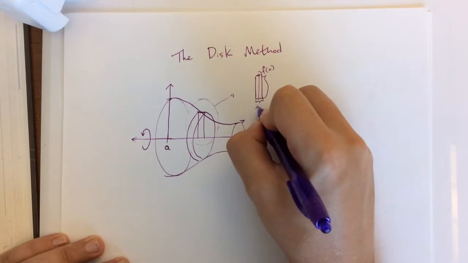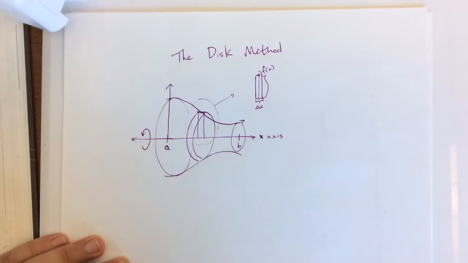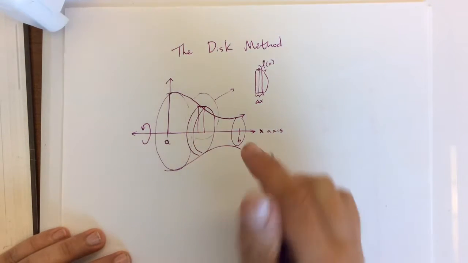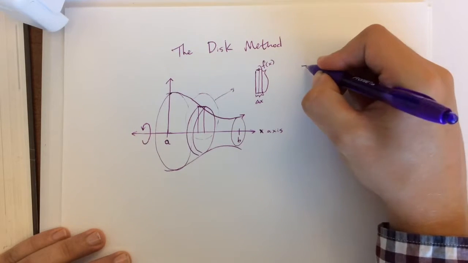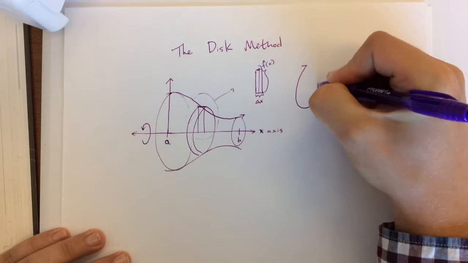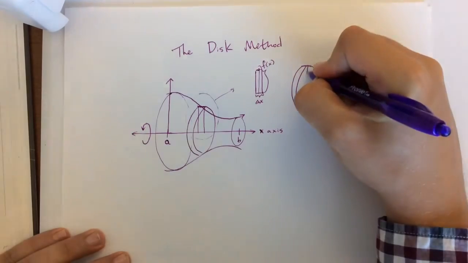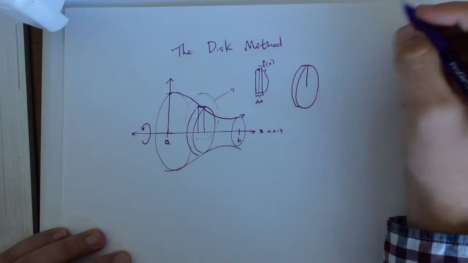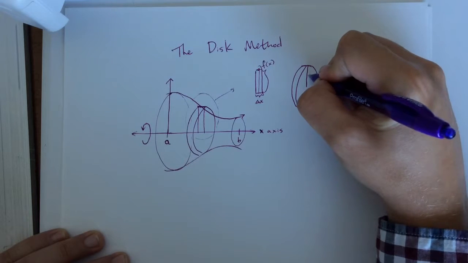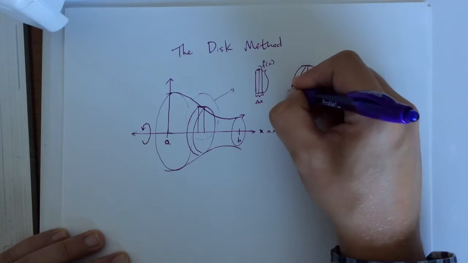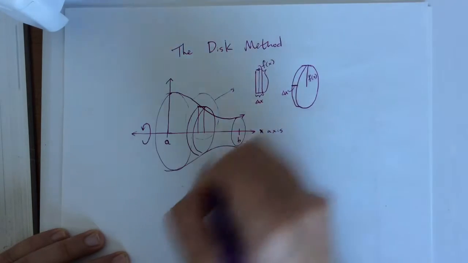The width of the rectangle is delta x, which depends on how many rectangles we are using to approximate the area. So for the disk itself that we're using to approximate the whole volume, the radius is given by the height of the function, and the width of the disk is given by delta x.